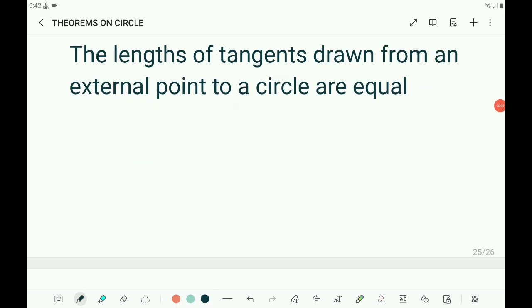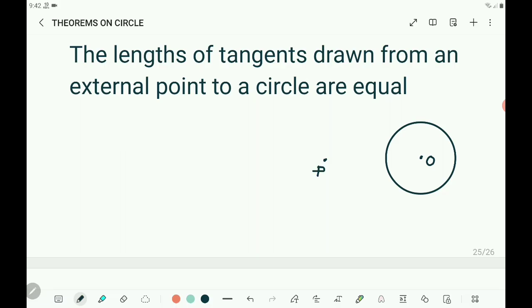Now let us draw the figure to prove this theorem. Draw a circle with center O. Here O is the center of the circle, and you take a point outside the circle which is called the external point.